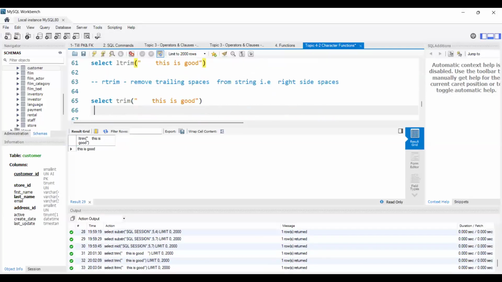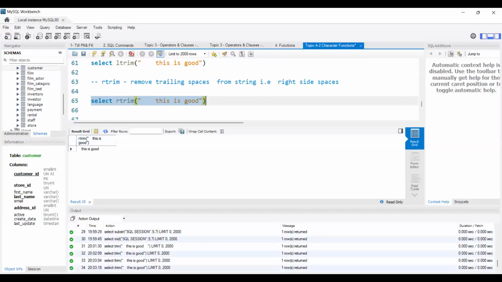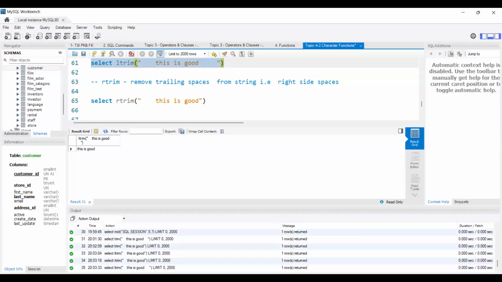If we use R trim, here I will use R trim, but I am giving space towards the left side, right? Basically, R trim will remove the spaces towards the right side. If I execute like this, you can see I got some space here. On the left side, it won't remove any space. If there is any space towards the right side, then only it will remove. Here also, if I give some space like this and execute, the right side it will remove.